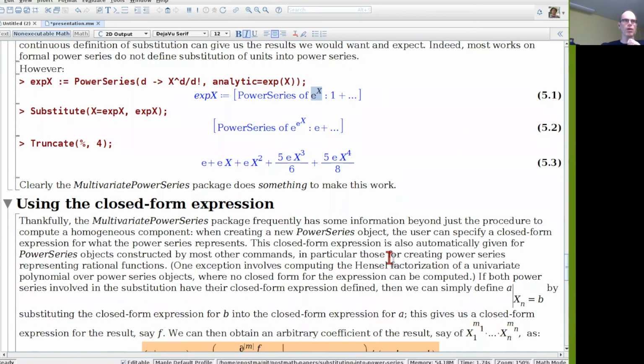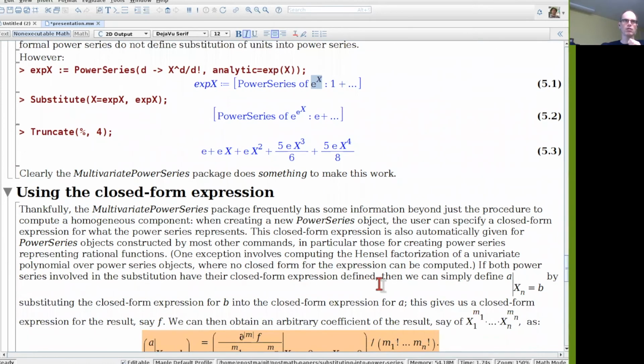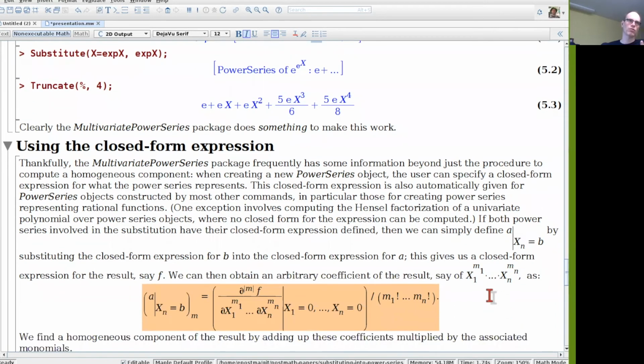And if both power series involved in the substitution have their closed form expression defined, then we can simply define the power series by creating the closed form expression formed by substituting b into a. And then once we have that, we can differentiate this expression and evaluate that at the origin.